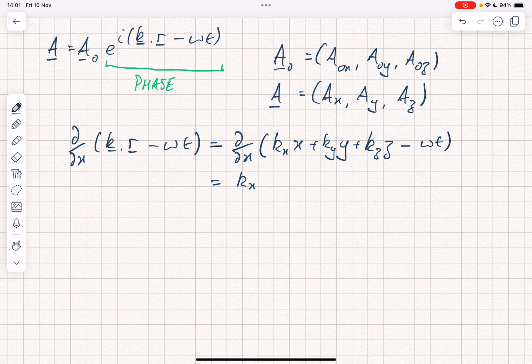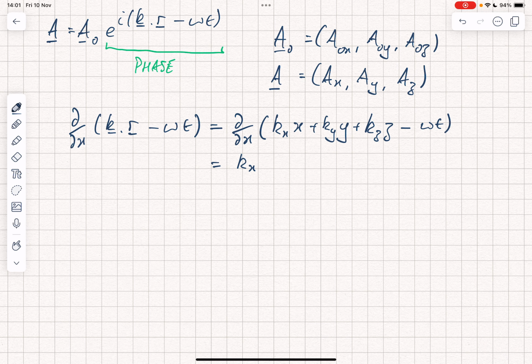In the same way, we could write that d by dt of k dot r minus omega t is equal to minus omega.